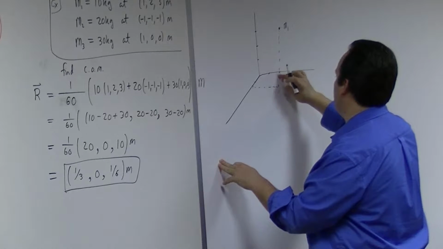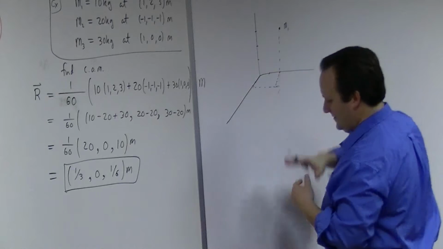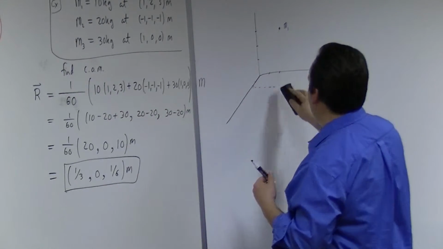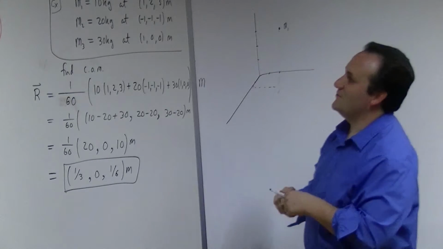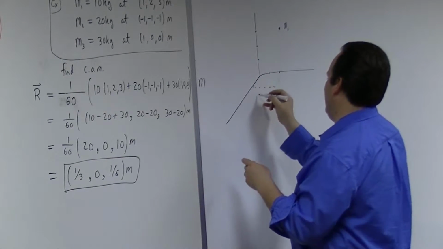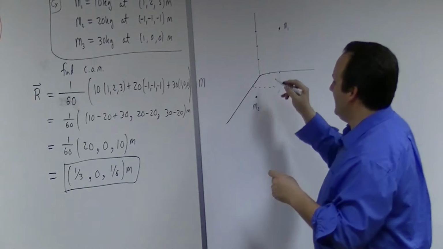I can't draw anything. Why did I even try? M1 is roughly there. M2 is at (-1, -1, -1), that's sort of down here. M3 is at (1, 0, 0). That one I think I can do.